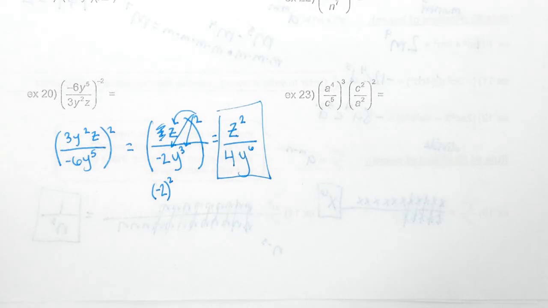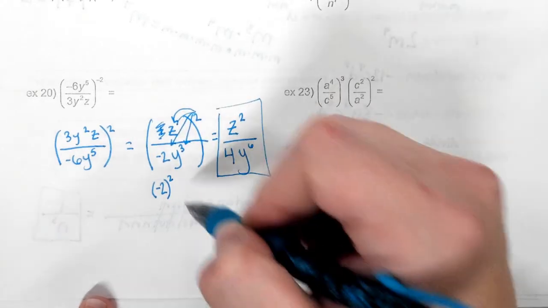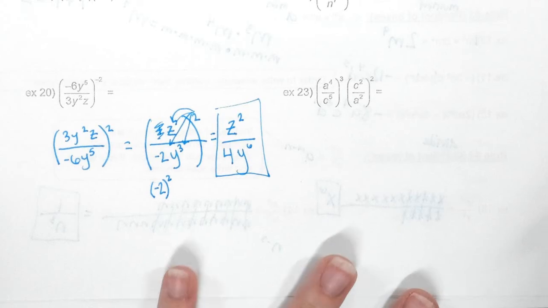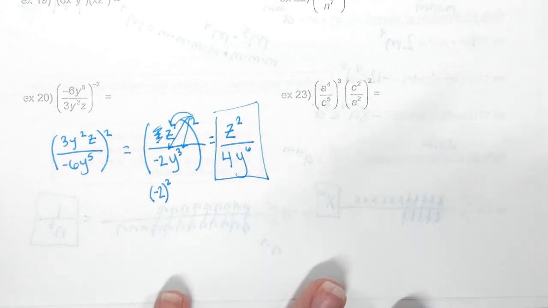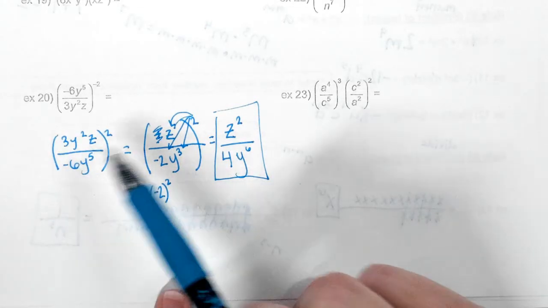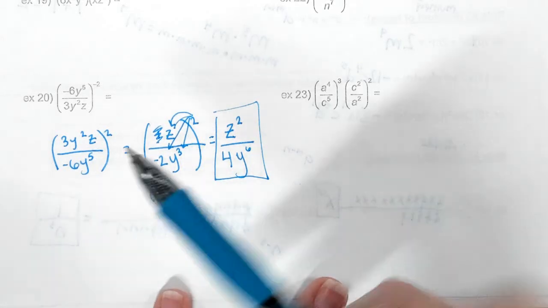Right? Because I was giving the squared to everything. I give the squared to the z. Negative 2 times 2. Negative 2 times negative 2. Yeah, I understand. You good? Right here? Because 3 over negative 6 gave me 1 over negative 2. And we just canceled the 1. You didn't have to put the 1.